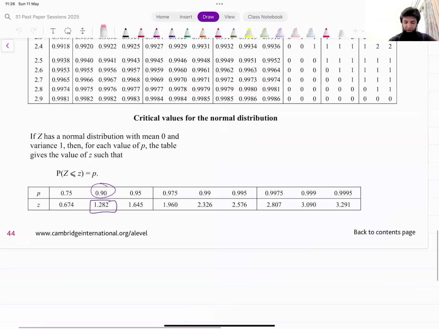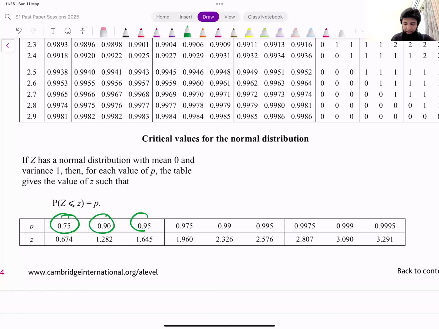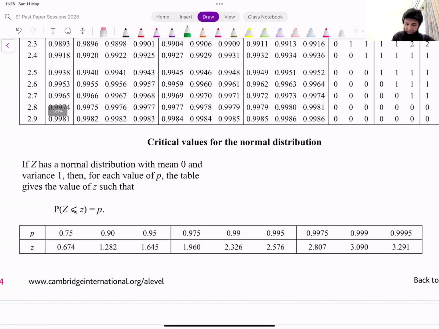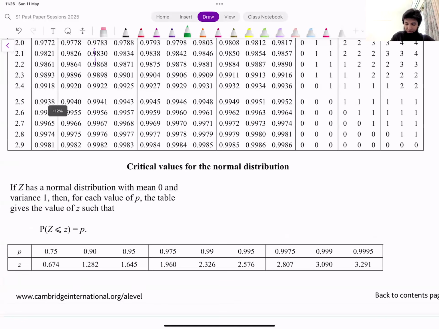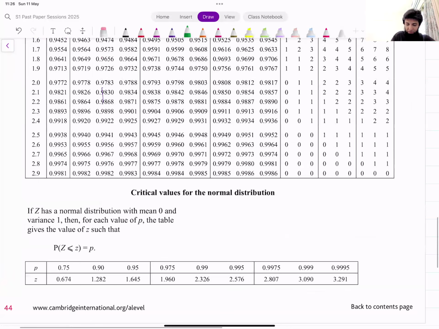And these are very common values. Sometimes we have a probability of 0.75, 0.9, 0.95, 0.975, 0.99. If we have one of these probability values, you can write the Z value corresponding to that directly from this table at the bottom. These are some common values. You can find these values from the table as well if you want. That will work as well. But you can just look at this bottom table for these common probability values.